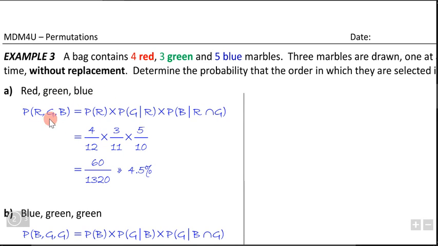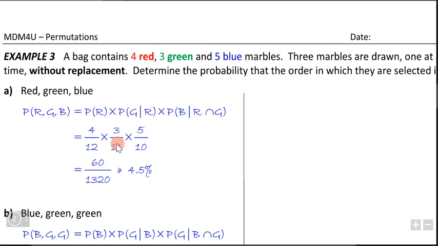Under the individual probabilities, you'd first calculate the probability of drawing a red. You have 4 red out of 12 marbles in total. After you draw the red, you don't replace, so you're left with 11. What's the probability next of drawing a green, given that you've drawn a red?